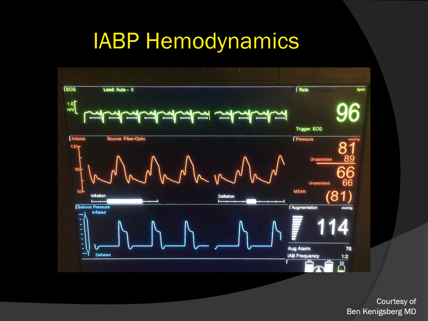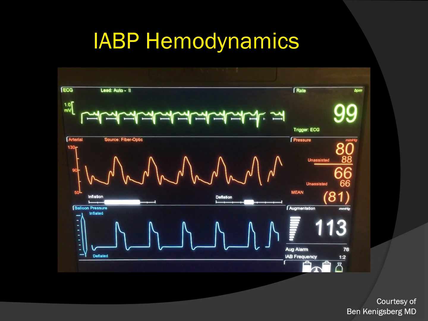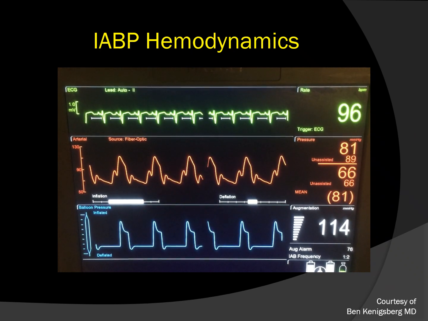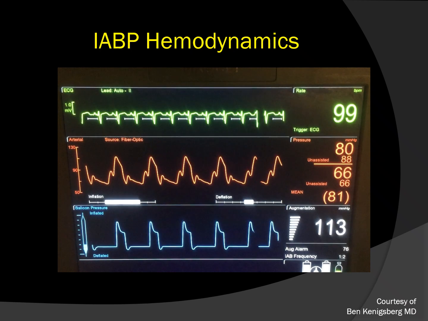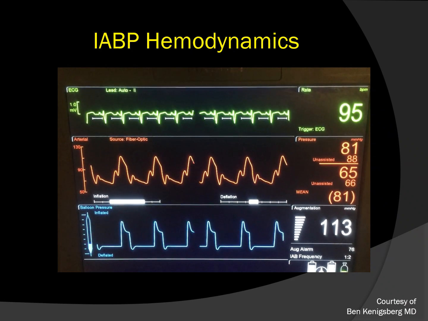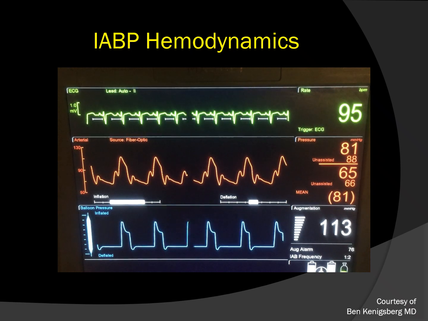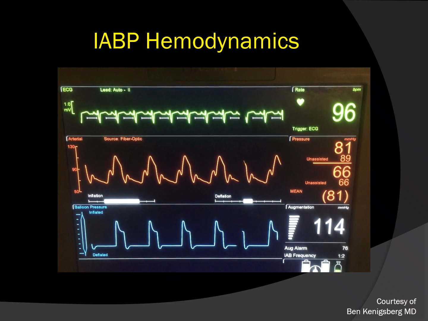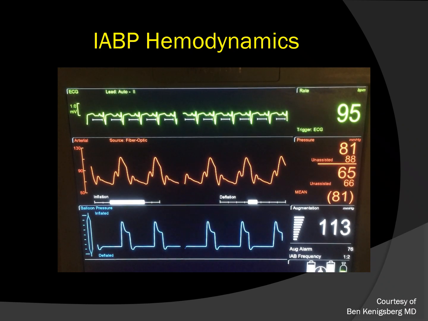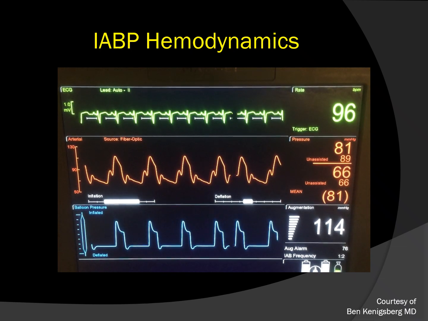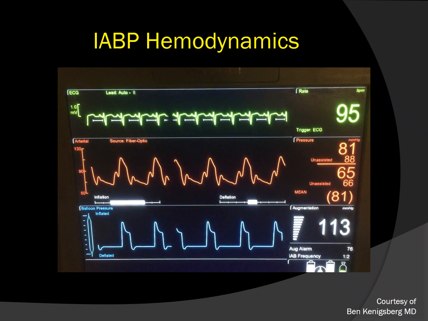Now let's go back to the second row, the pressure tracing. As you can see, every other beat there is increased pressure right after the dicrotic notch, and there is a deflation just below the next systolic waveform.